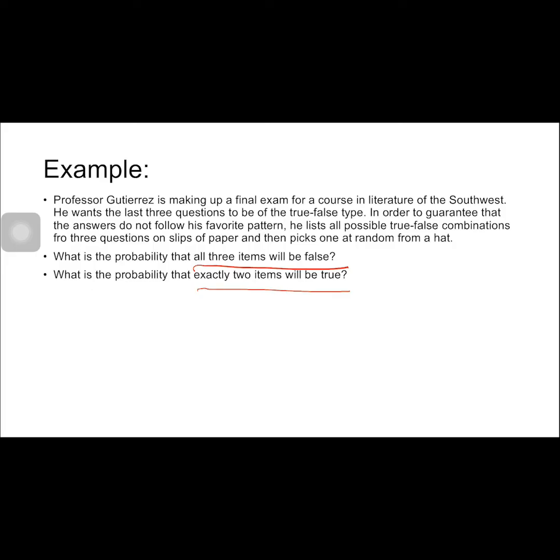So 3 questions answerable by true or false. It can be all true: true, true, true; true, true, false; true, false, true; false, true, true. It can also be false, false, false; false, false, true; false, true, false; true, false, false.